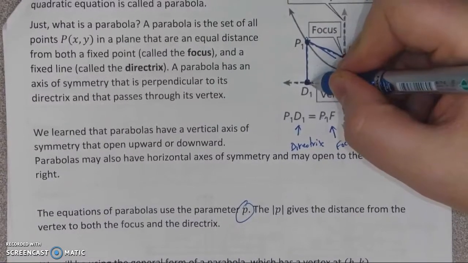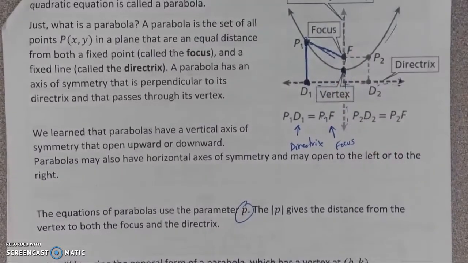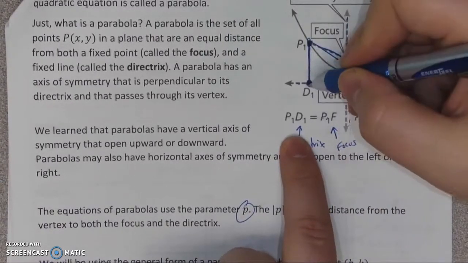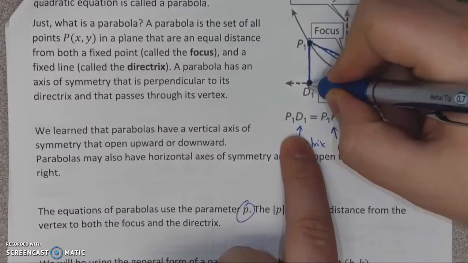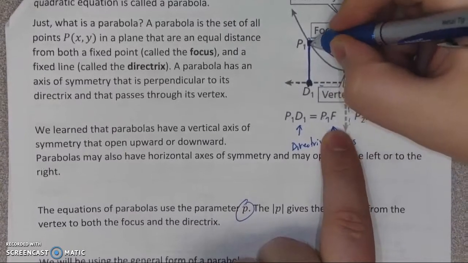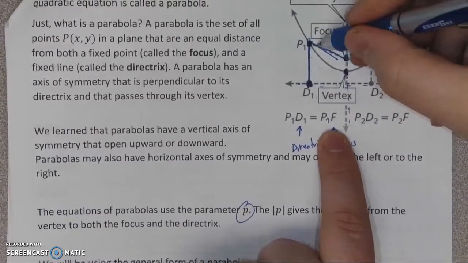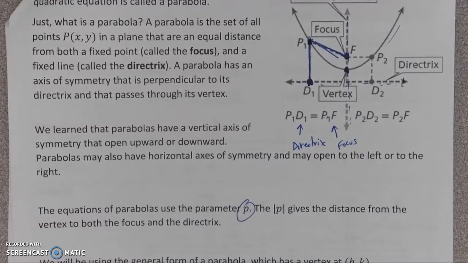D1 is this point on your directrix, and P1 is this point on the parabola. So P1D1 is the distance from the point P1 to the point on the directrix. P1F is the distance from the point on your parabola to the focus. And that would be that distance. So we could use that to find the equation of the parabola.